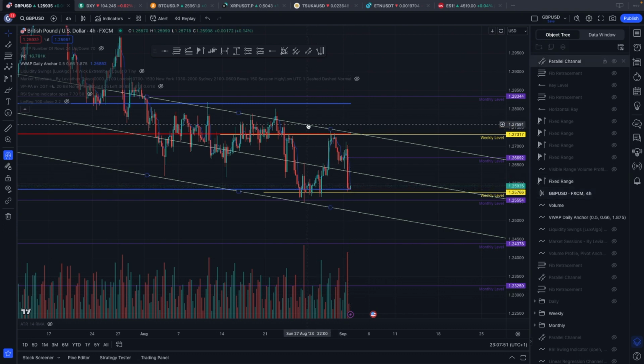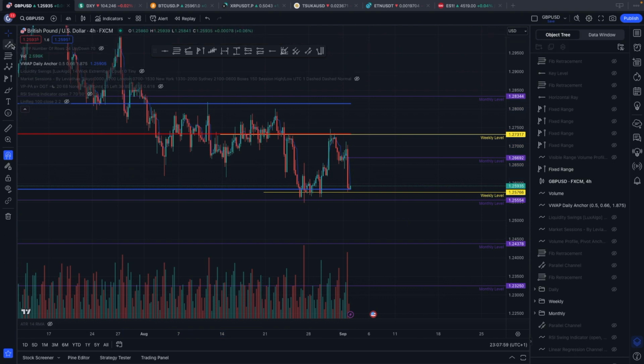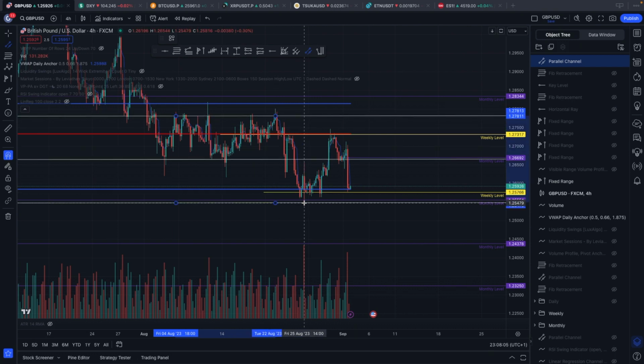It's generally sideways. But now we're in September. You could argue we're also in this sort of sideways range as well.